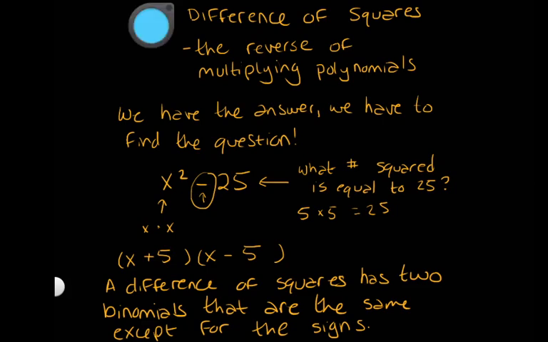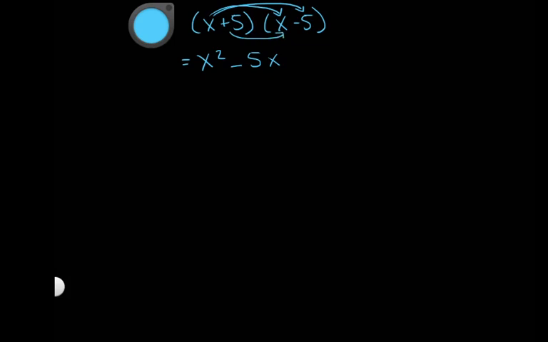Let's clear this. So our answer was x plus 5, x minus 5. Well, if we expanded this to check it, we would do x times x and get x squared. X times negative 5 is negative 5x. Positive 5 times x is going to be plus 5x.